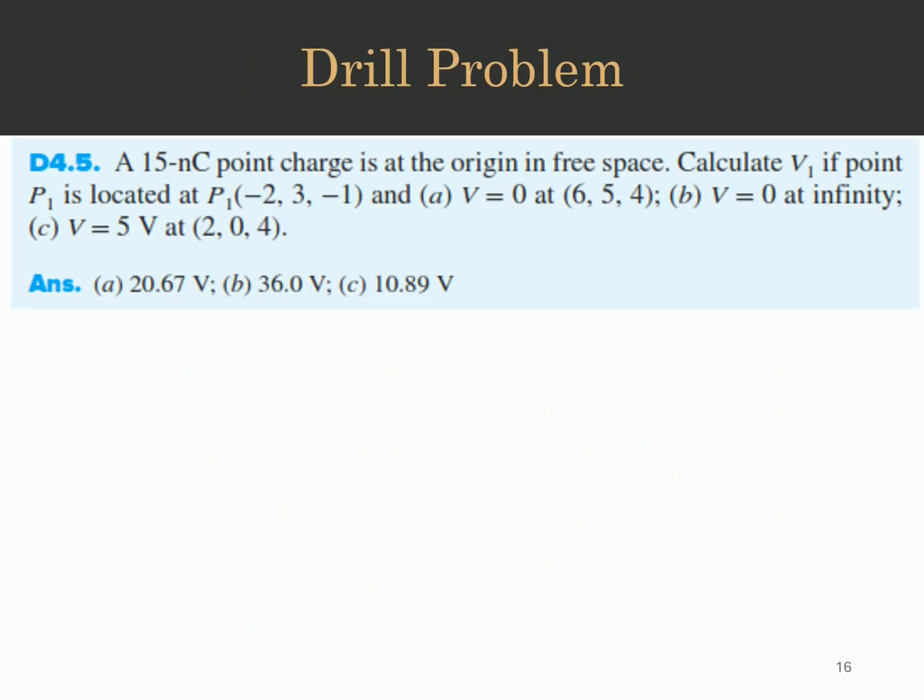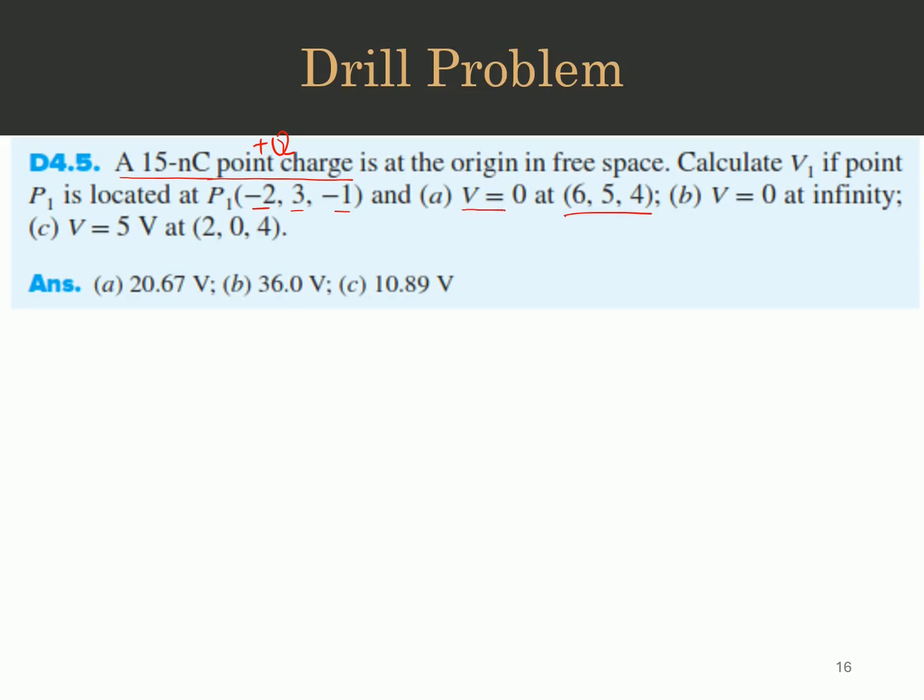Now let us come to the example in order to understand the three potential difference equations that we saw previously. In this problem, we are told that a 15 nanocoulomb point charge, and the point charge is what we have to keep in mind, is placed at the origin in free space. We need to calculate V1 at point P1, which is at (-2, 3, -1), given that V is equal to 0 at this point.